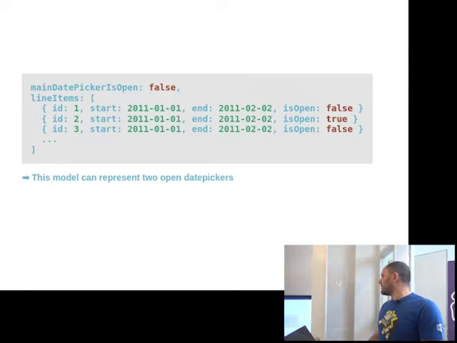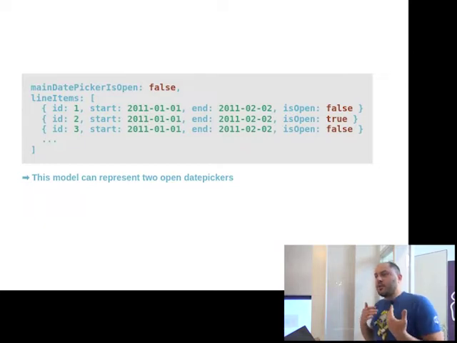So we have a Boolean value for the main date picker that tells us if it is open or closed, and then one Boolean value for every one of our line item date pickers. It is obvious that this model can represent states that we don't want.